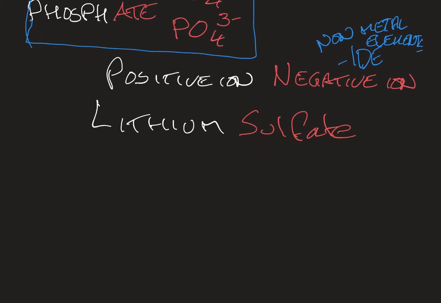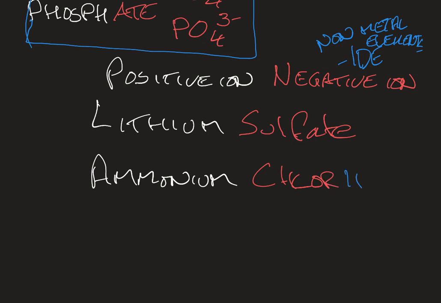Another example is this time I'm going to use our positive group ion, so I'm going to call this one ammonium. And then as a negative ion, let's select just a non-metal, so we'll call this one ammonium chloride. Because it's chloride, it'll be chlor, and because it's an element, IDE.